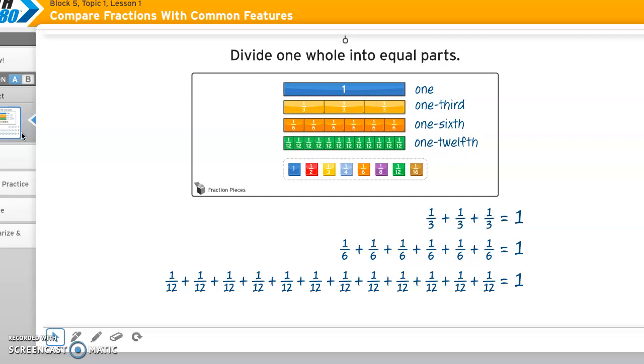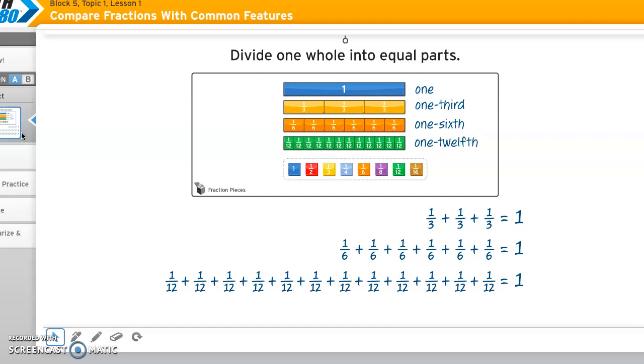As we go from thirds to sixths to twelfths, the yellow to the orange to the green, the denominator gets larger, but then you'll notice what happens to the piece. The piece size gets smaller. And with what we're going to do, that's going to be a really important thing for you to notice. The larger the denominator, the smaller the piece.